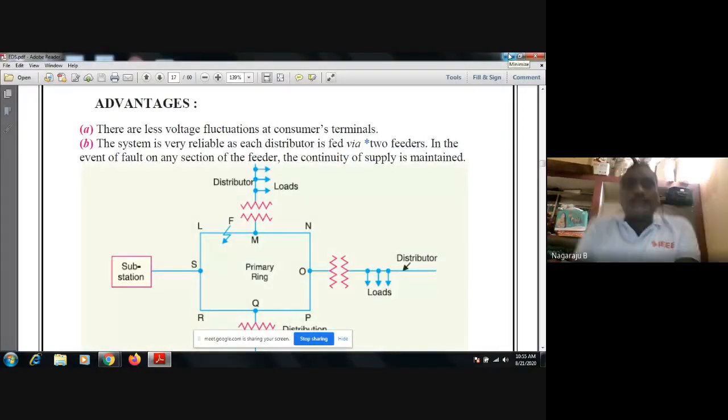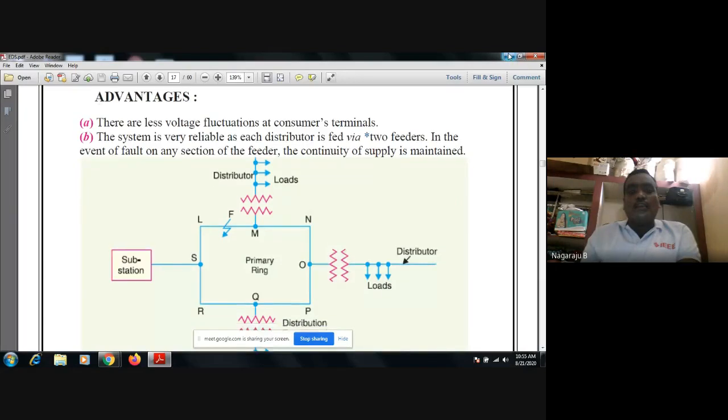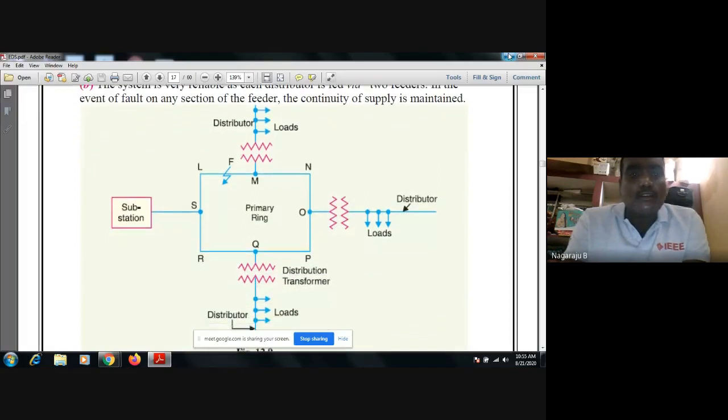From the O point also you have this particular thing, and from the Q point also. Like this we have the distributors, and in between the distributors you have service mains, and all those things are there.